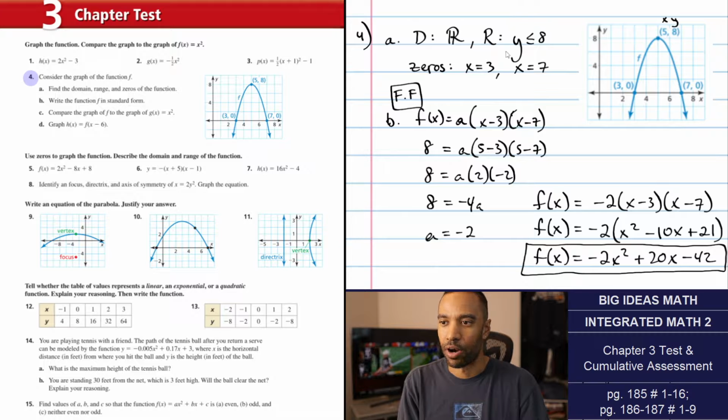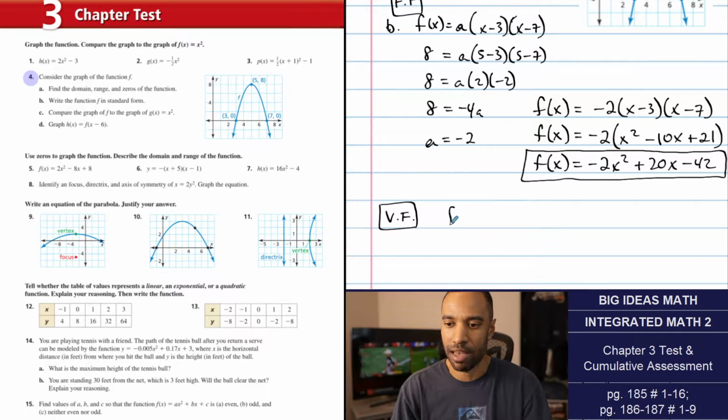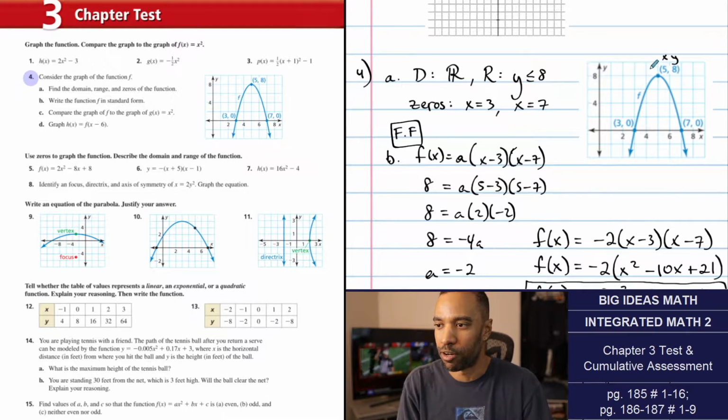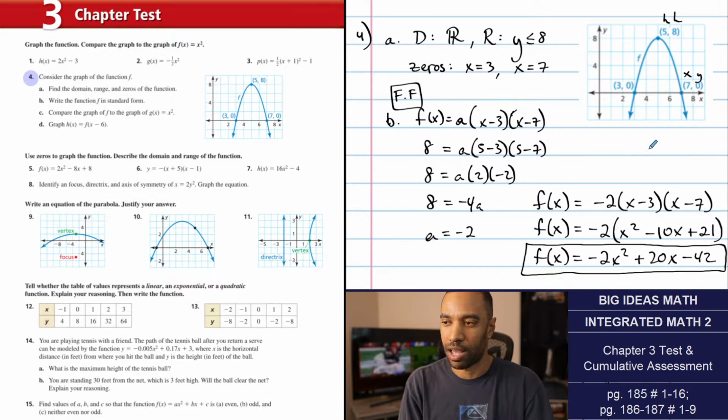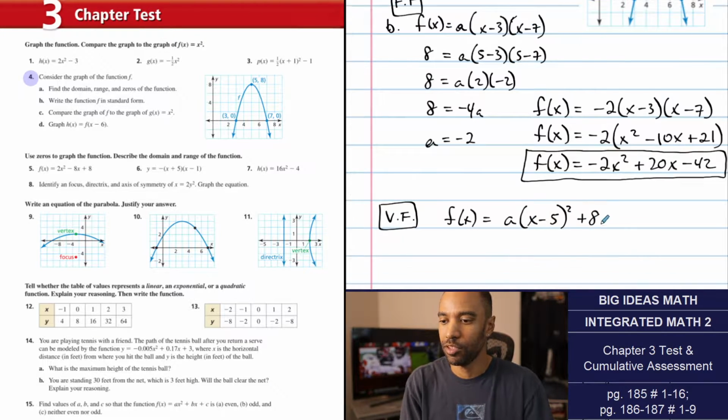Out of vertex form, I will then instead use the vertex and one of those points to make an equation, which would then say f of x equals a times your x minus, now I'm talking about the vertex. This is now my h, k, 5 and 8, and I can use this, say, as an xy. But x minus 5, quantity squared, plus 8, my h, k.